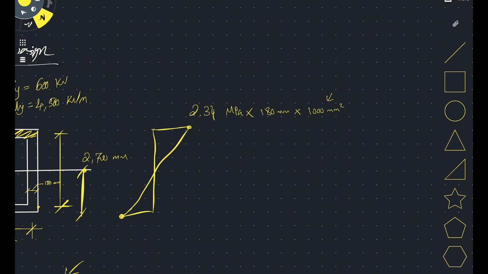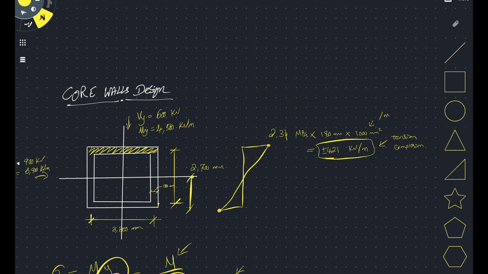So this is per meter. When we calculate that, we get 421 kilonewton per meter, and this is positive or negative, so it can be our tension and it also can be our compression. So these are the tension and compression forces in the flanges due to my overturning moment.